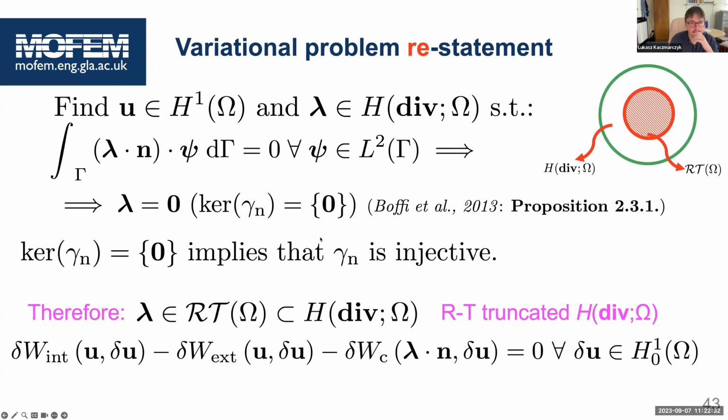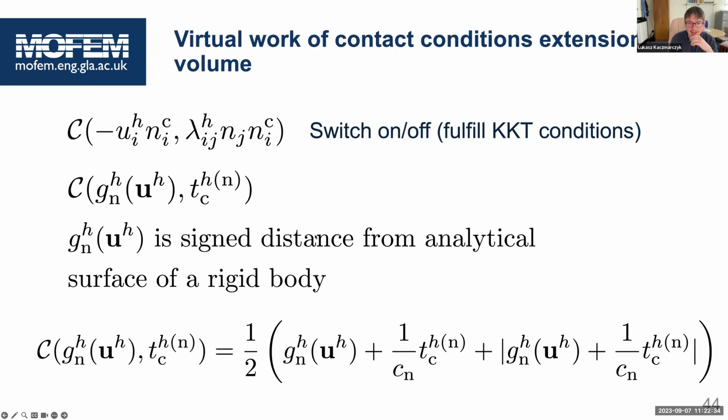Now, to capture the Kuhn-Tucker conditions for Lagrange multipliers for contact and non-contact, again we are using this complementary function, which is written in that form and works similarly to the function presented to you for plasticity.